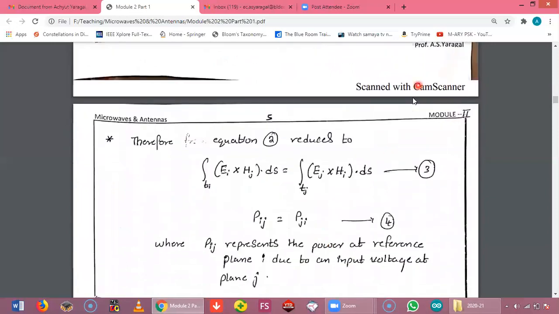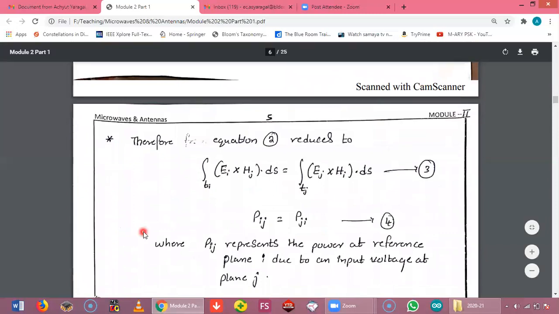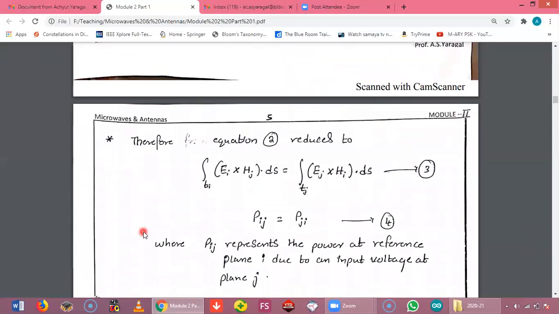What is Pij? As we have described in the initial stages, what is exactly the definition of the port in the microwave network? Pij represents the power at a reference plane I due to the input voltage at plane J here.